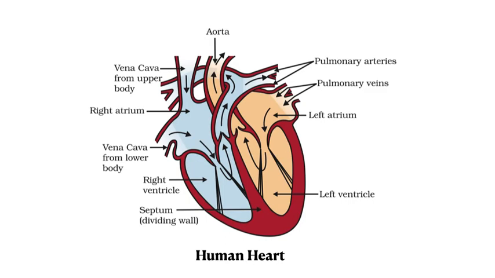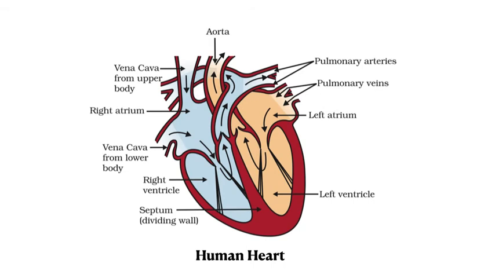If you see the right atrium, you can see 2 veins, that is vena cava from upper body, vena cava from lower body. These are the main veins which bring deoxygenated blood from all parts of the body to right atrium. But you must remember that it does not bring blood from lungs.